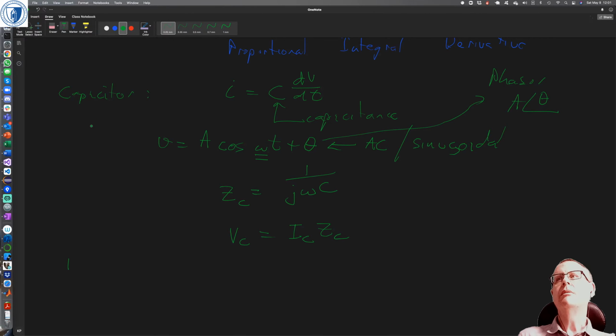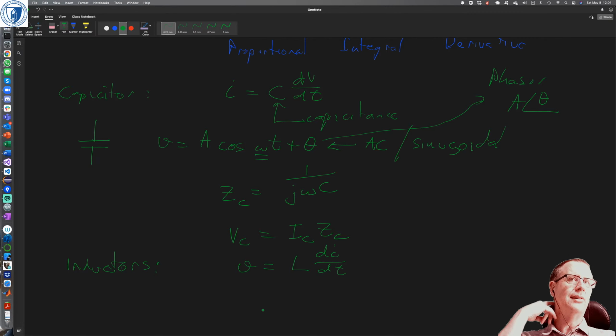Similarly, and I'll just draw the capacitor again, inductors: V equals L di dt. And again, we're running with the voltages or the currents as cos omega t plus theta.